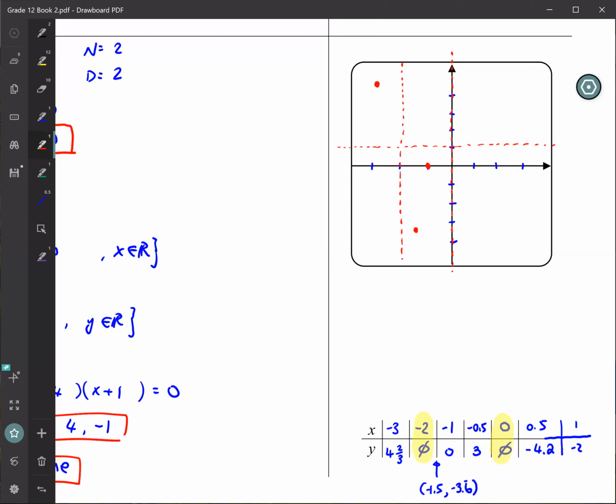Okay. Negative 0.5 is 3. And then 0.5 is negative 4.2, so about here. 1 is negative 2.